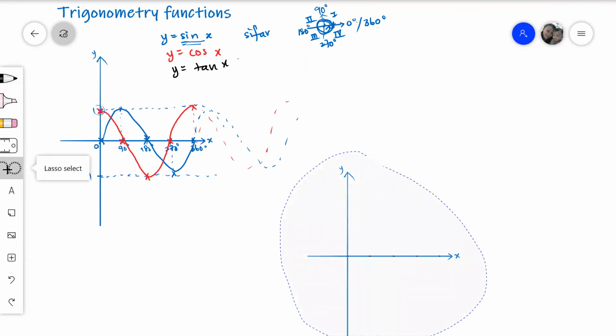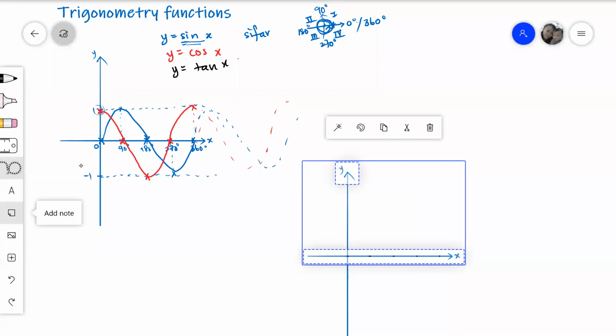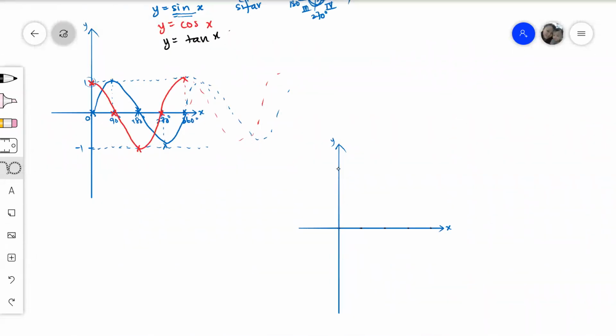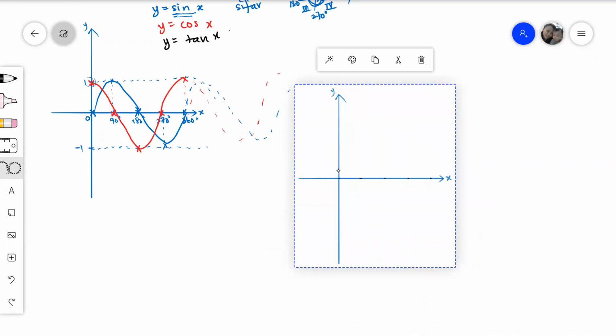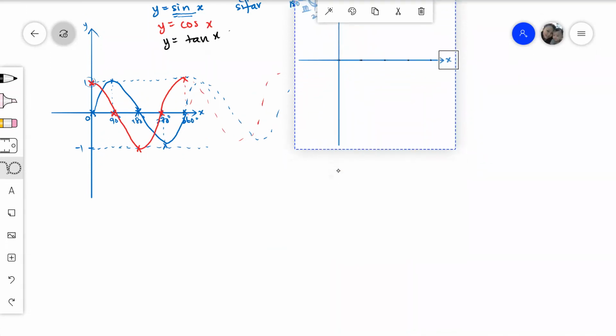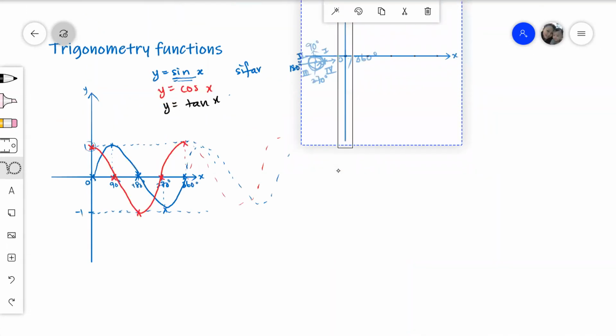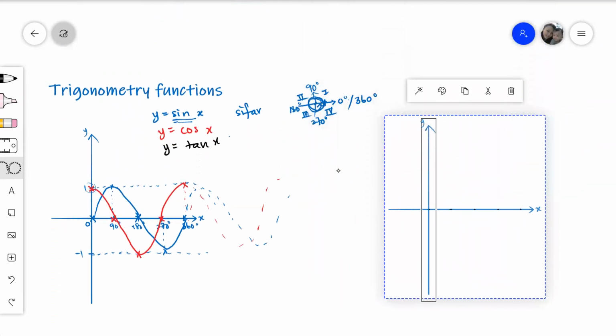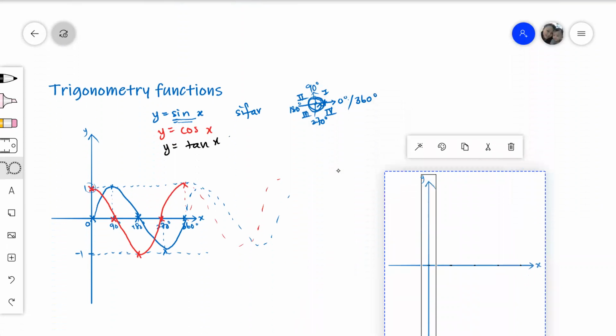Let me put them together, side by side, so that we can compare easily.